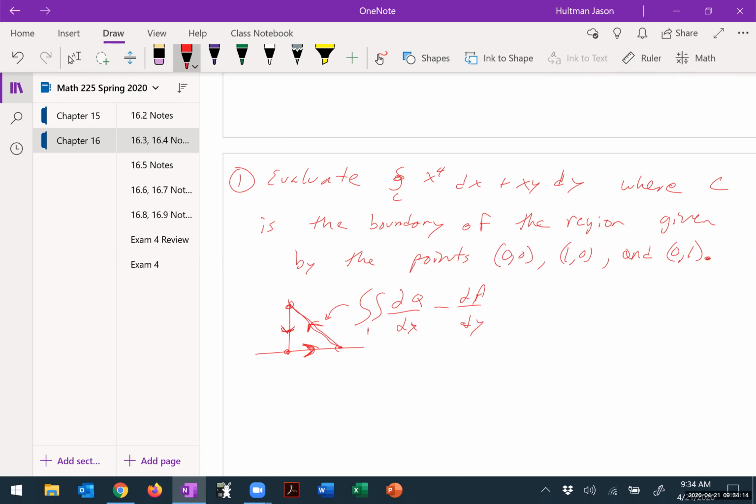It's just amazing. It turns something linear into something two-dimensional.